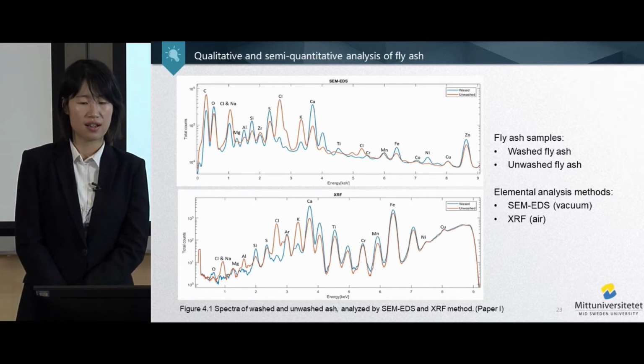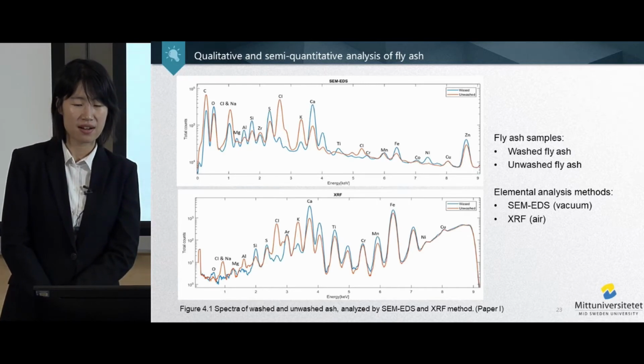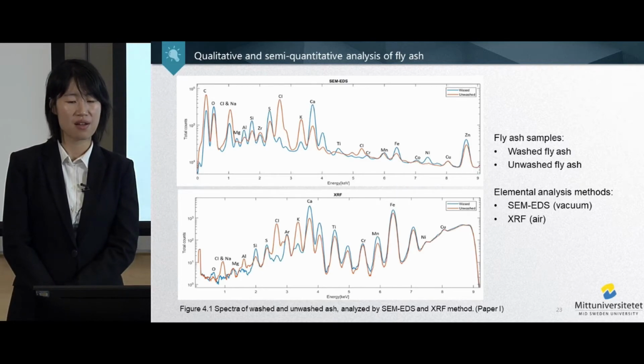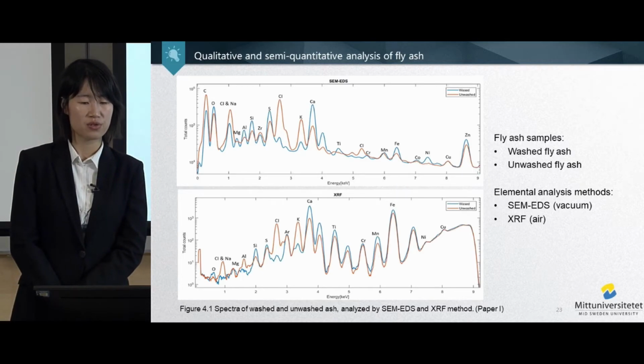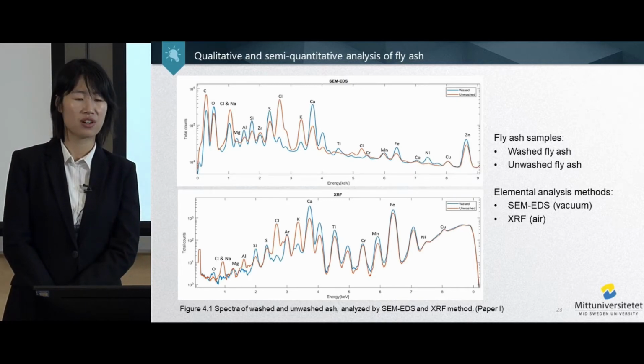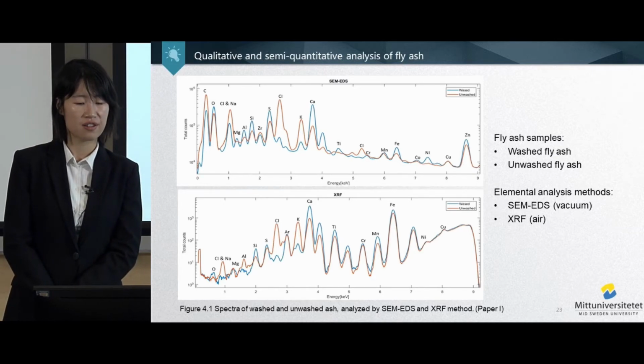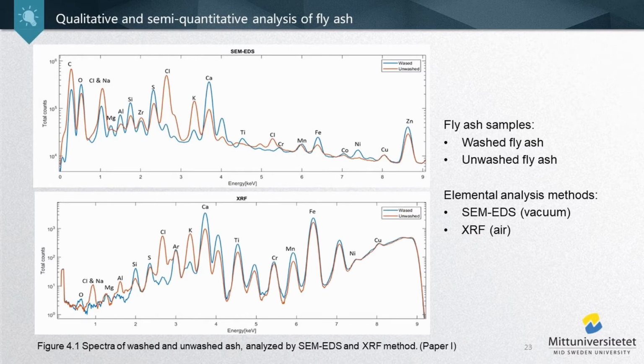We compared the washed sample and the unwashed sample. Both methods were able to determine the elemental composition in the fly ash samples, while the semi-quantitative analysis allows us to compare the spectral data from these washed and unwashed samples to obtain information about the relative concentrations.